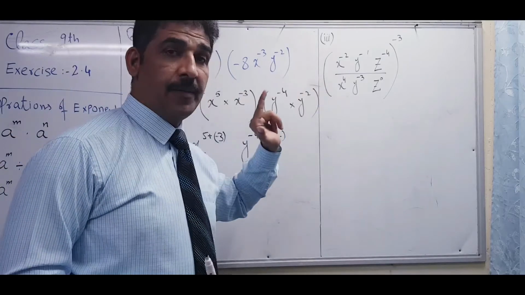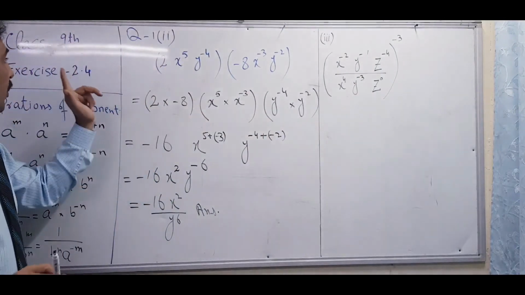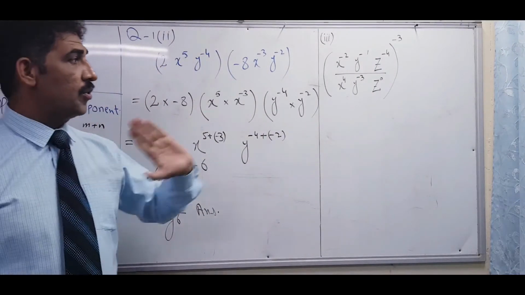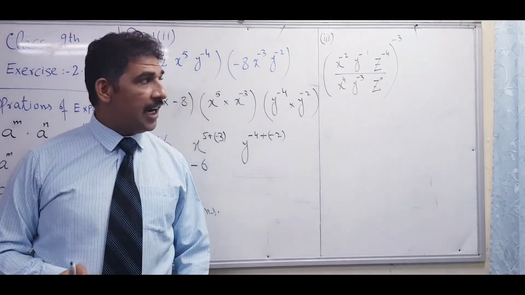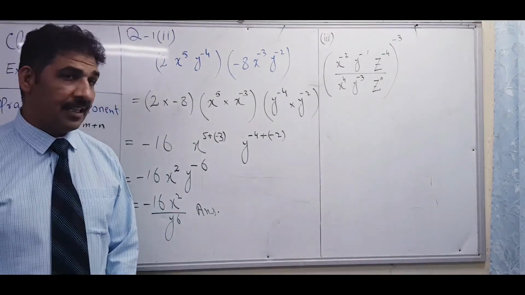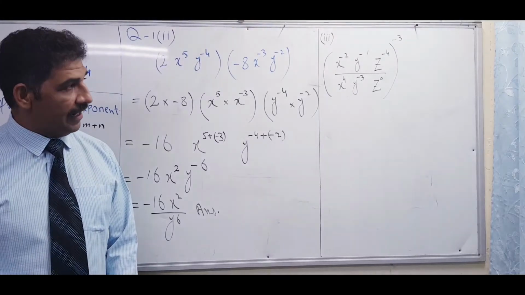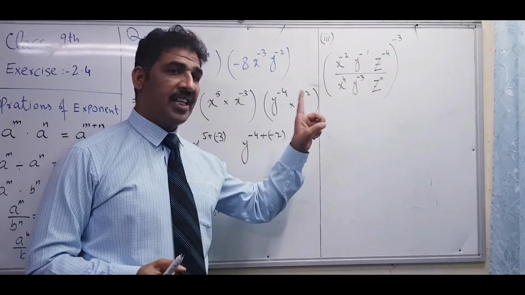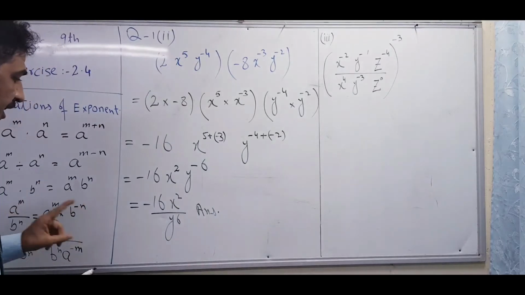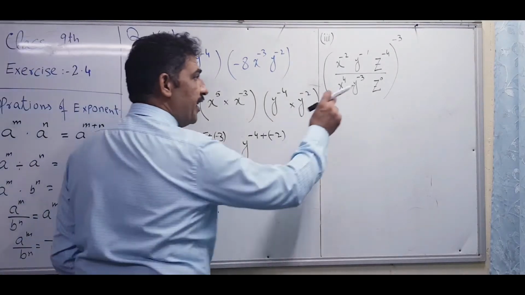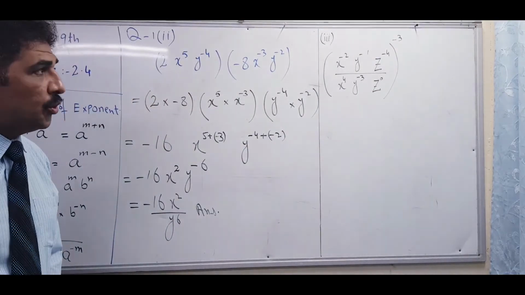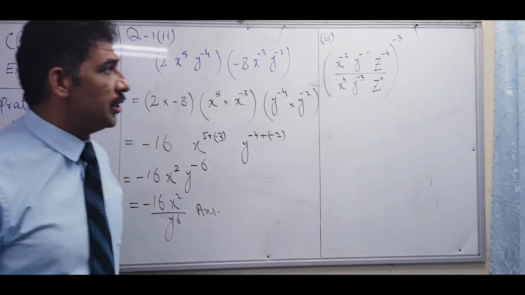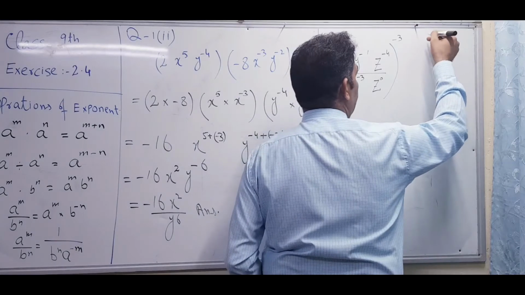This is the third part of exercise 2.4. So I want that first you will try. After that I will explain that. I will check that you are right or wrong. But one thing I want to clear: in the exponent rule, any variable whose power is equal to 0 is equal to 1.